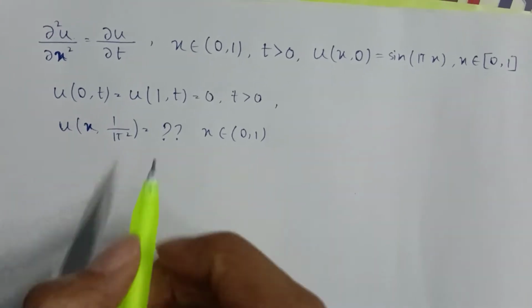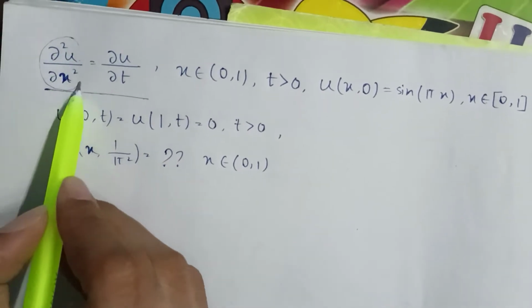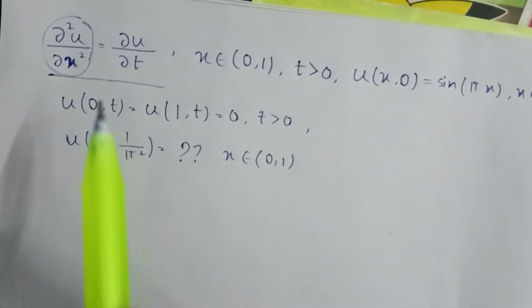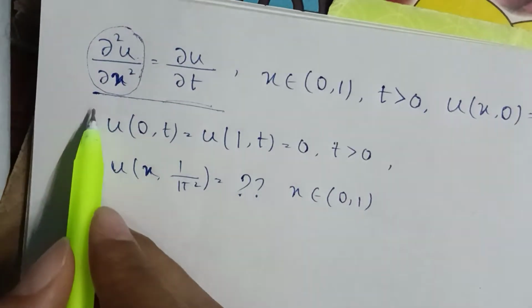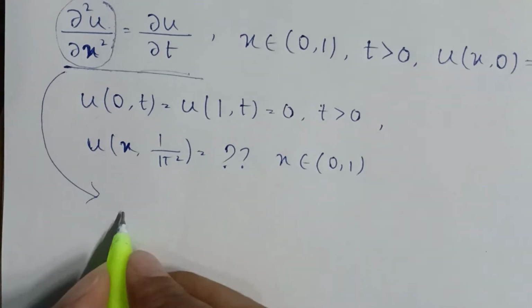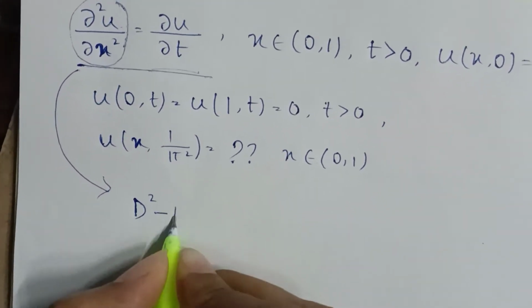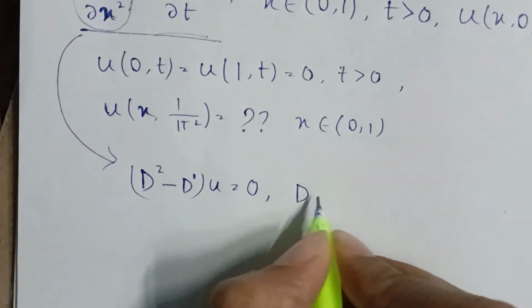When we have this kind of problem, where this is partial differentiation of u with respect to x, but 2 times, but this is with respect to t but 1 time. So how do we write this? Like (D squared minus D dashed) u is equal to 0, where D is what?